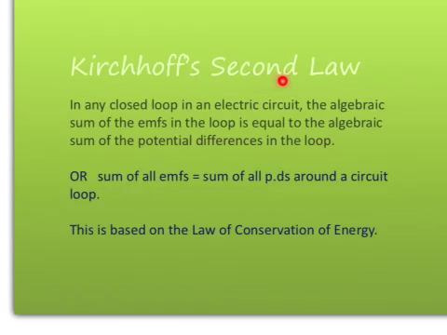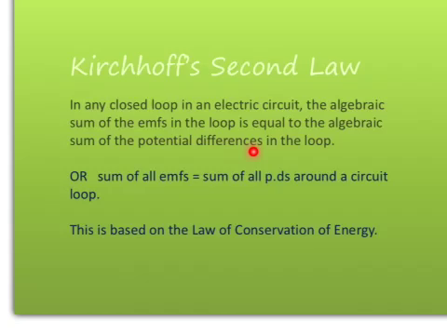Kirchhoff's second law, which is the harder of the two laws. In any closed loop in an electric circuit, the algebraic sum of the EMFs in the loop is equal to the algebraic sum of the potential differences in the loop. Don't forget, EMF is simply voltage produced by a power source.